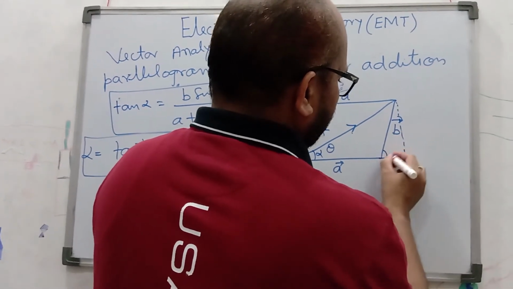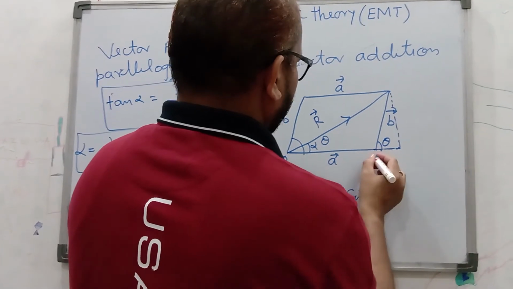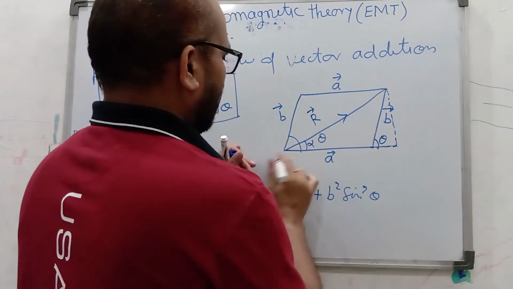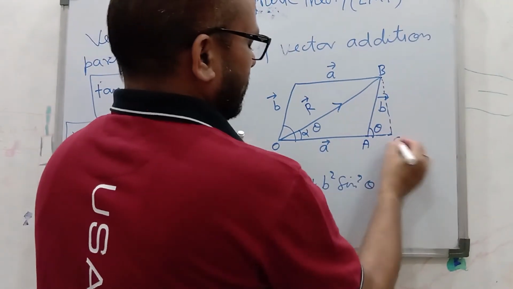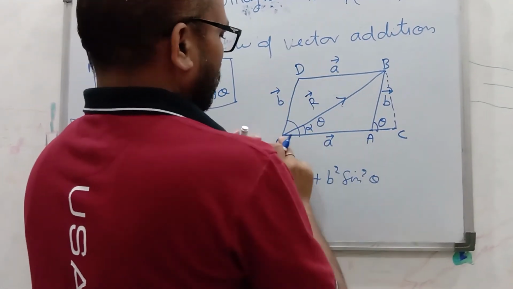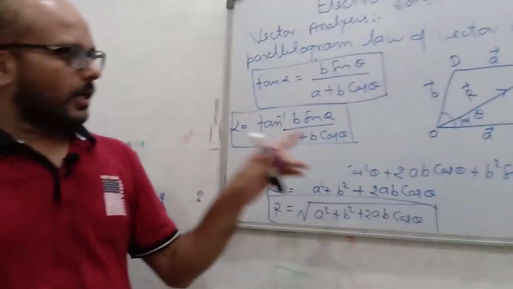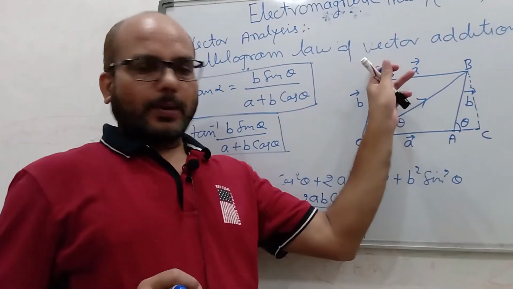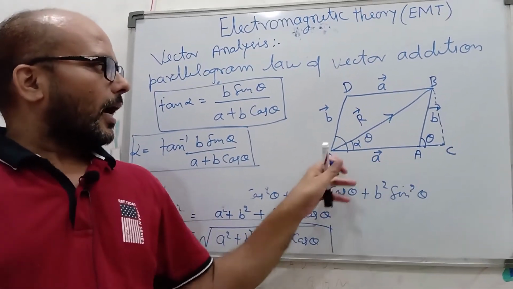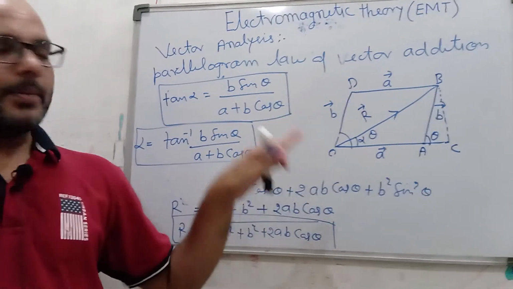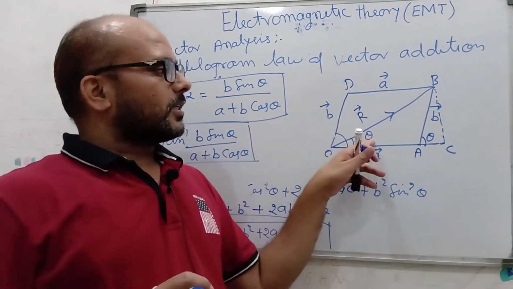So B, this is also theta. Here O A B D is a parallelogram, and two adjacent sides OA and OD represent the vectors A and B, and the angle between vector A and B is theta.